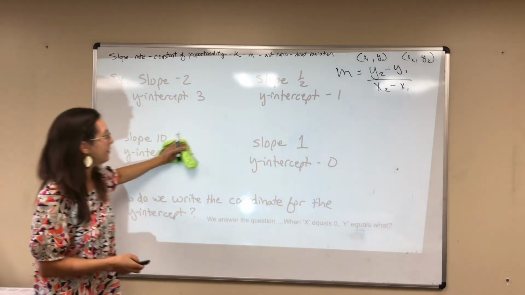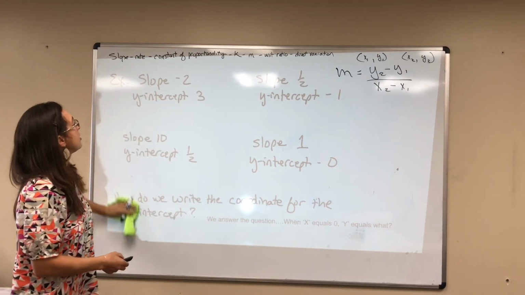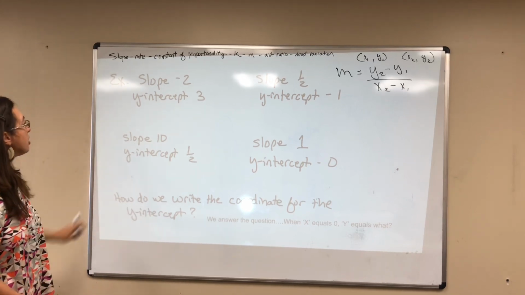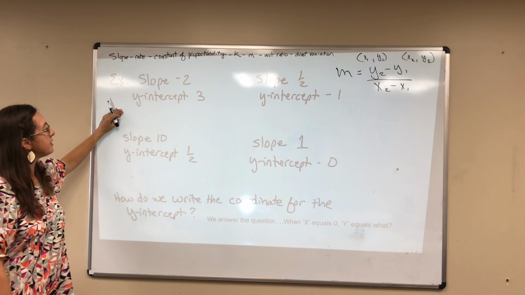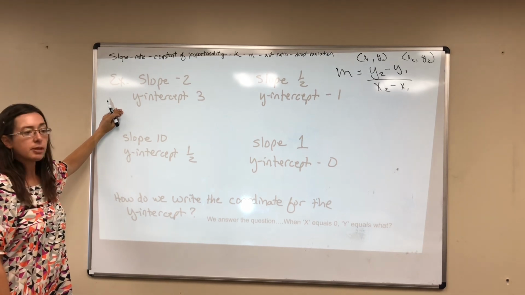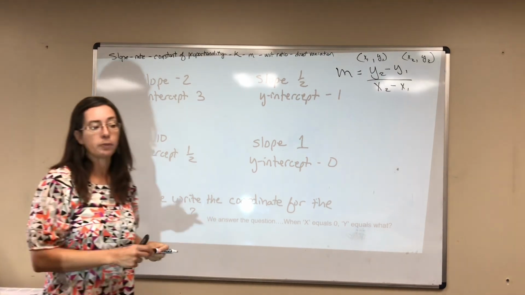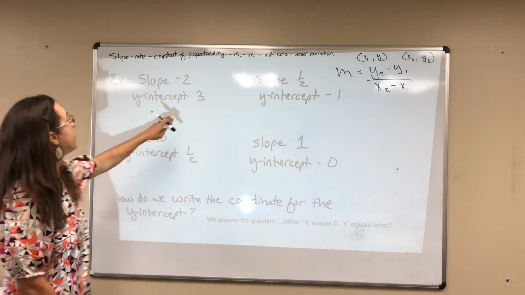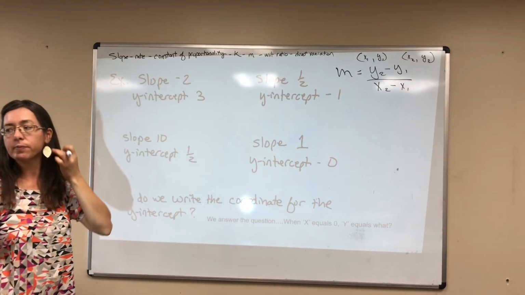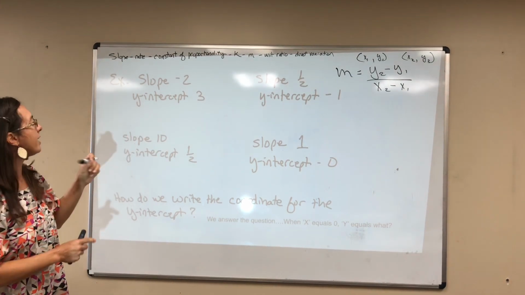So, if we have these, okay, let's write the equation. What would be the equation for this first one? If the slope is -2 and the y-intercept is 3, I'd like you to use your little whiteboards and graph it. What's the very first place we're going to mark? The y-intercept.